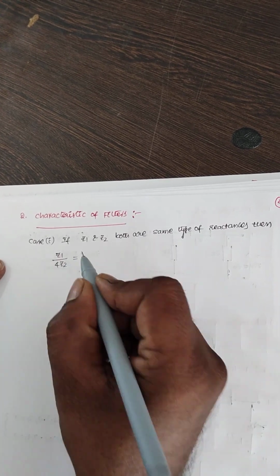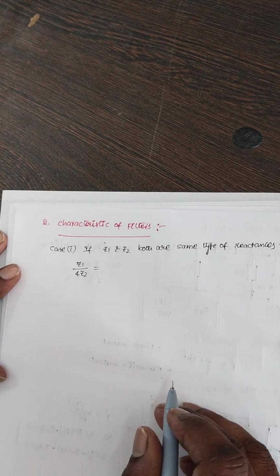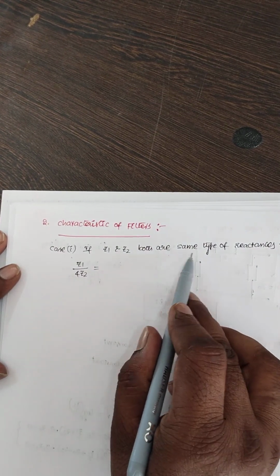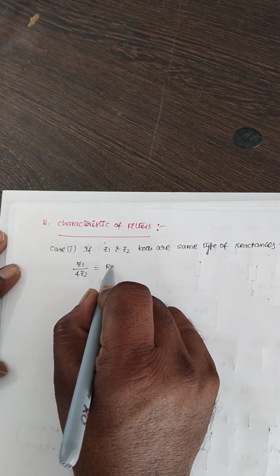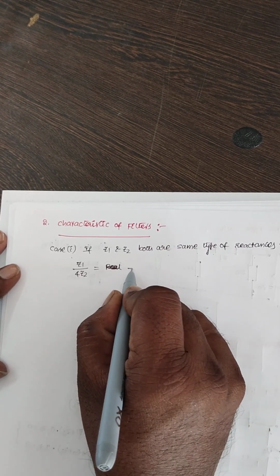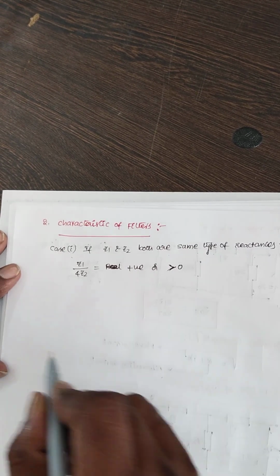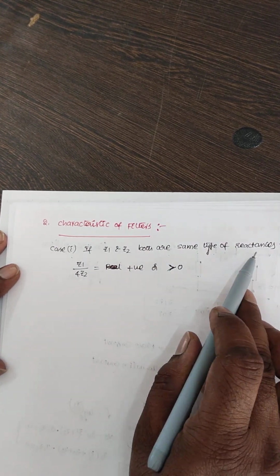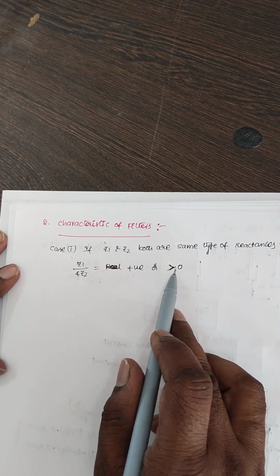What is this Z1 by 4Z2? We can find whether it is a real number or an imaginary number. For this case, if both are the same type of reactances, it is a positive quantity, greater than 0. So if Z1 and Z2 are both the same type of reactances, the ratio of Z1 to 4Z2 is positive, or greater than 0.